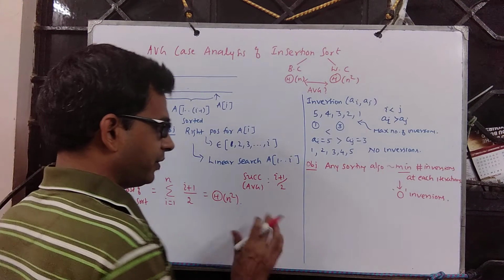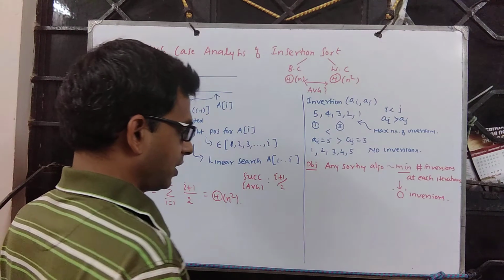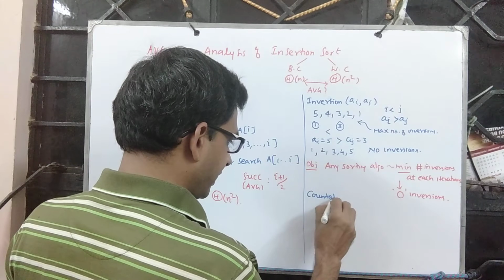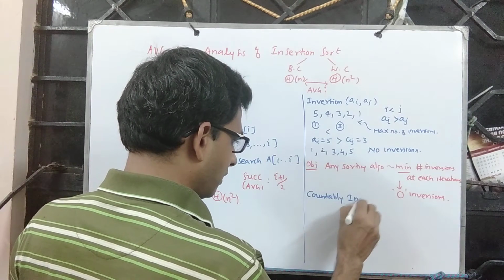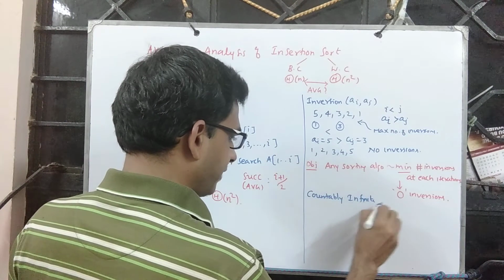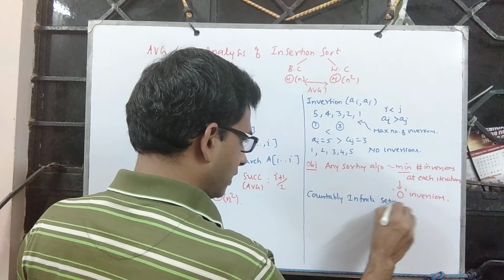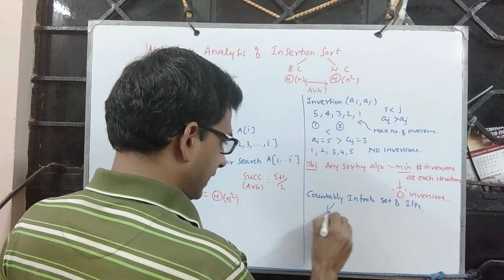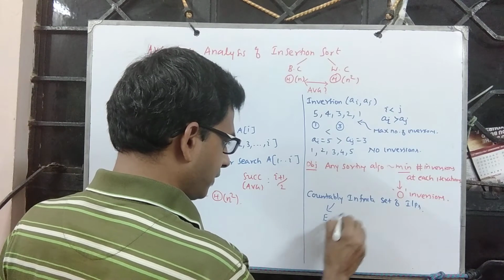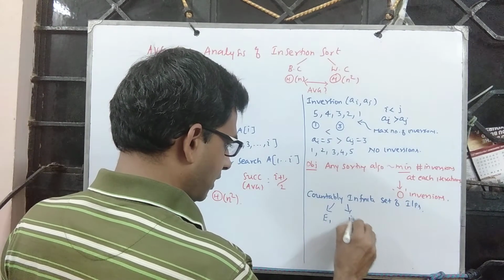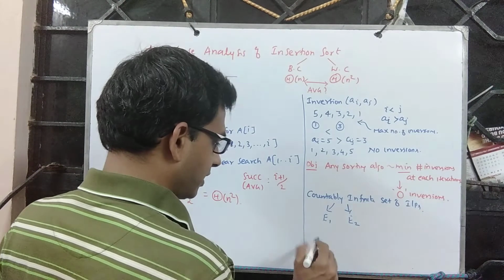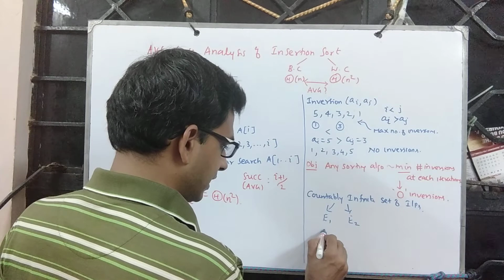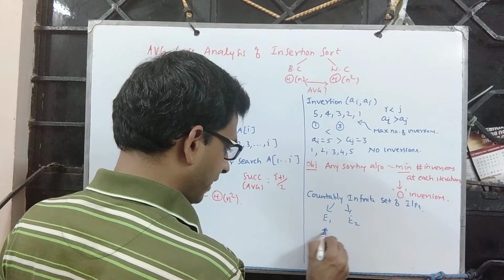Now what we are going to do as part of this is, you have a countably infinite set of inputs, right? We classify them into the following categories. Equivalence class 1 is all those inputs for which the number of inversions is 1.